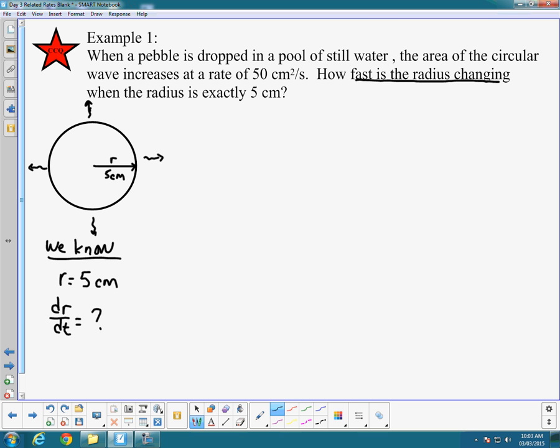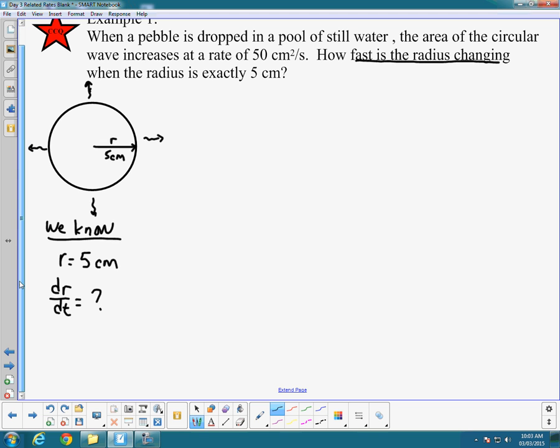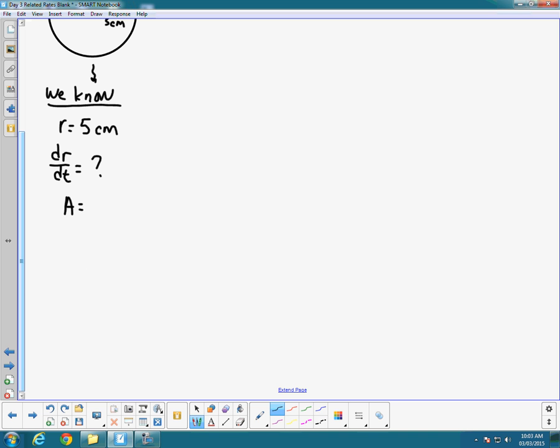What other information do we know? Well, we might know the area. We have that information. And we would know how fast the area is changing. So the formula for that is dA by dt.